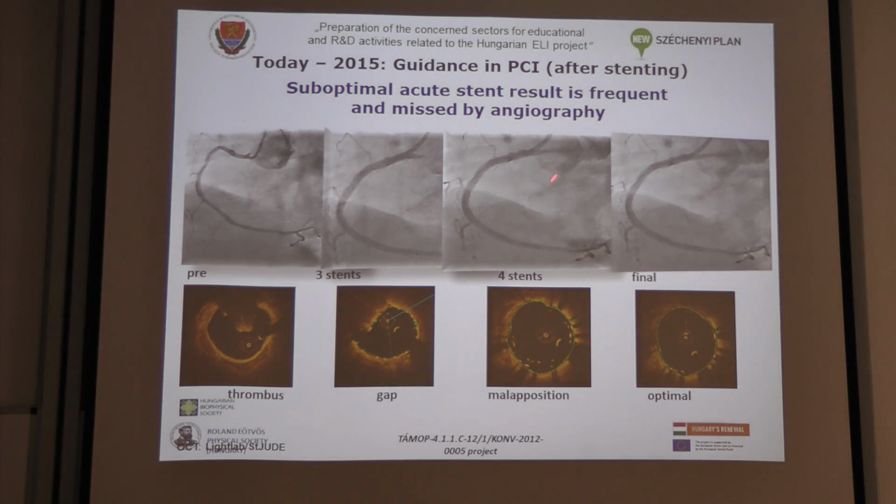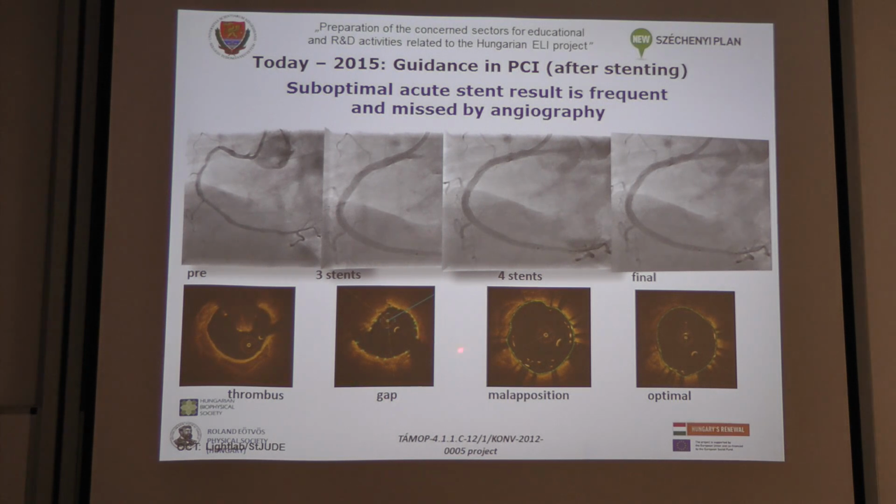And actually this particular patient in this right coronary received 4 stents. So all the way down, this is at least a 15 centimeters long segment. All the way down, there is a metallic cage, which remains for the rest of the life of the patient.